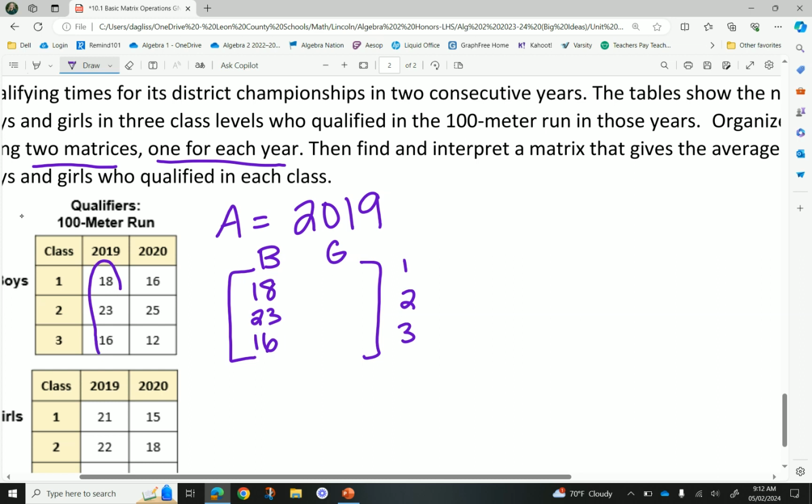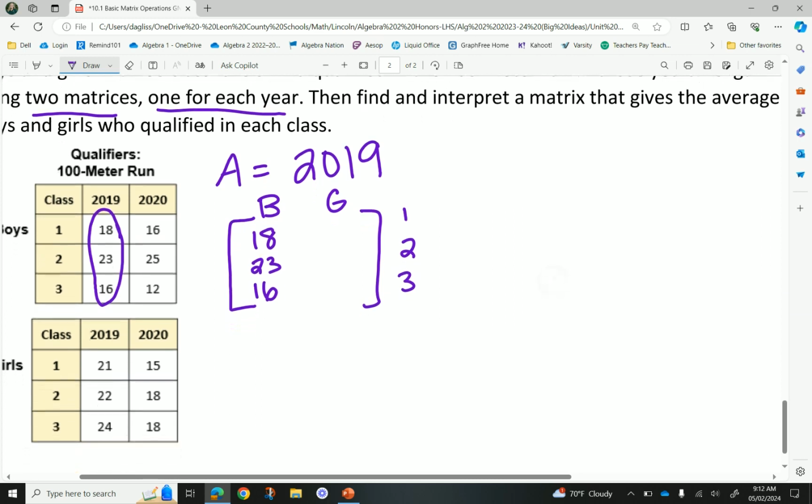So we pulled these values, right? In 2019, how many girls were in class 1? 21. How many girls qualified in class 2? And how many girls qualified in class 3? 24. Good.